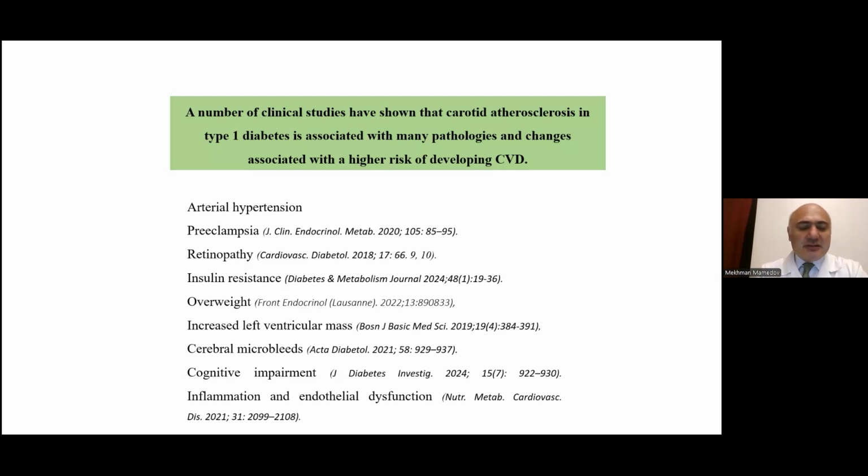The next risk factors are: arterial hypertension, preeclampsia, retinopathy, insulin resistance, overweight, increased left ventricular mass, cerebral microbleeds, cognitive impairment, inflammation and endothelial dysfunction.